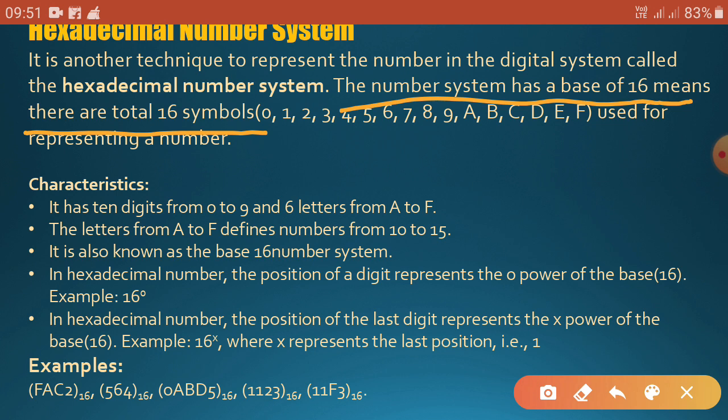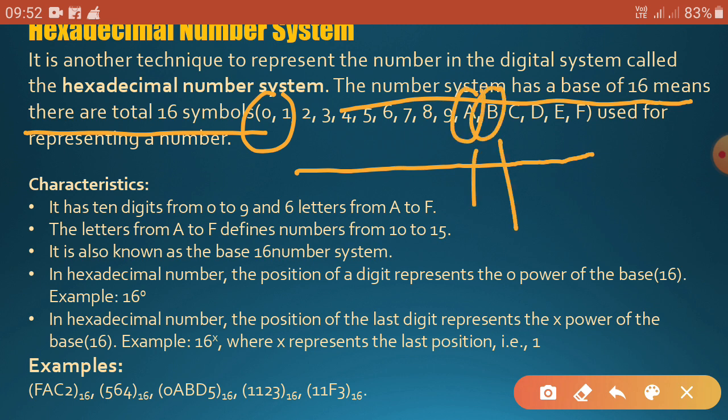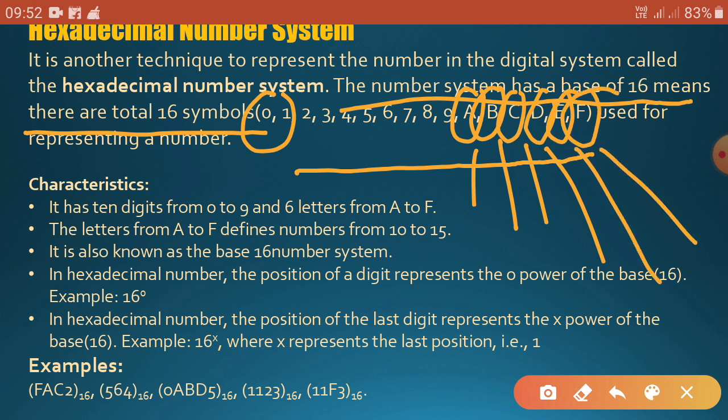So the hexadecimal number system has the base of 16, that means there are a total of 16 symbols starting from 0 and going up to F. So 0, 1, 2, 3, 4, 5, 6, 7, 8, 9, A, B, C, D, E, F. Here A represents 10, B represents 11, C 12, D 13, E 14, F 15. Total 16 symbols are here as the base is 16.